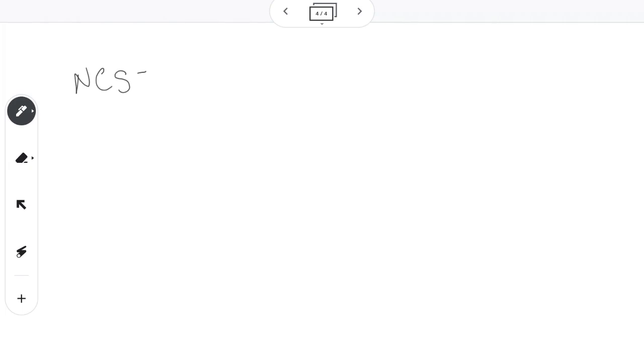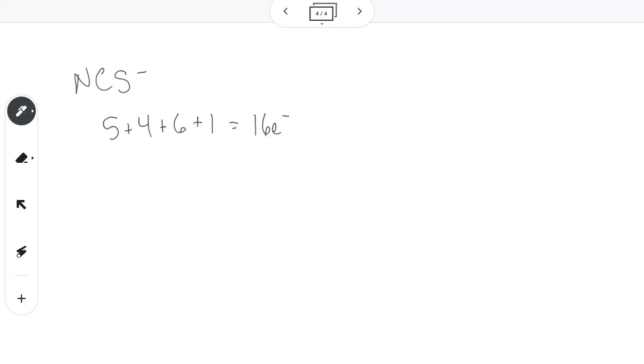Nitrogen has 5, carbon has 4, sulfur has 6. But be careful. That minus charge, remember, that means it has 1 extra electron, which means we add 1 more. If it's a positive ion, we subtract 1. But in this case, it's a negative ion, so we add 1. This means we have to account for a total of 16 valence electrons.